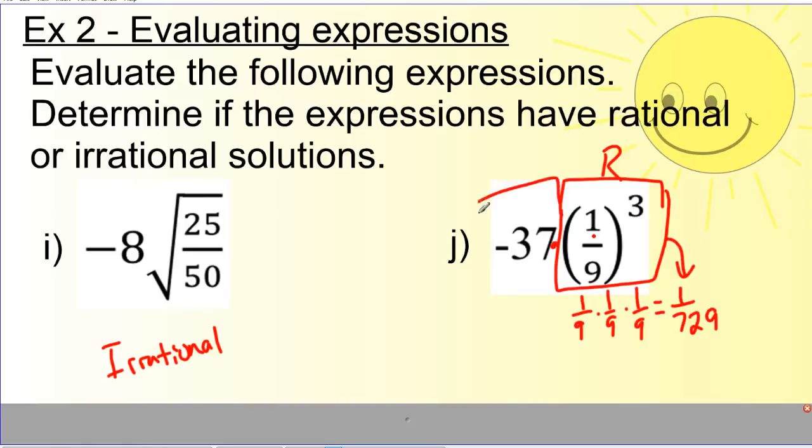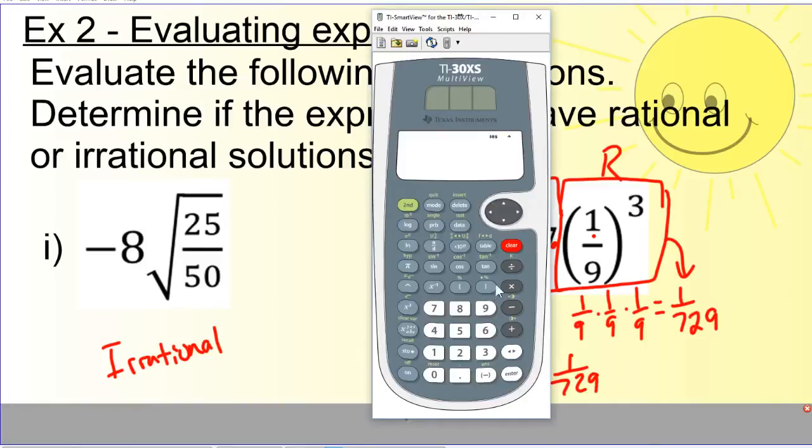Times negative 37. So if I'm going to take that 1 over 729 and times it by negative 37, well, my calculator's not doing anything.